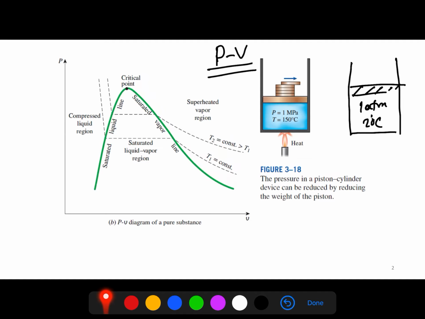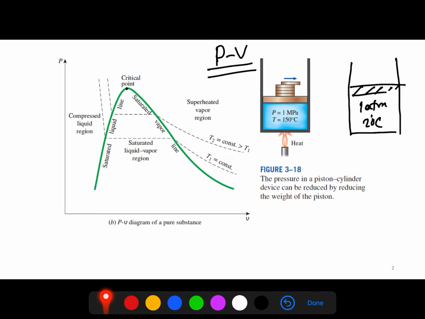Now what we will do is remove some weight from here. You can see this arrow, so we will gradually remove some weight, and that means the pressure will decrease here, isn't it? It is 1 MPa, so if we remove this, the pressure will decrease a little bit, and that will help this compressed liquid expand its specific volume, because when you reduce the pressure, the specific volume of the compressed liquid will increase slightly.